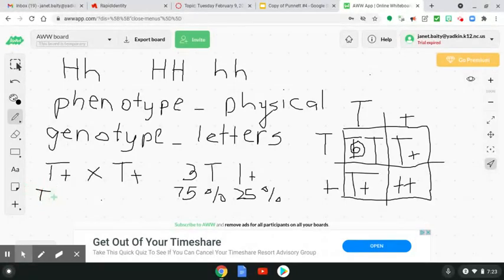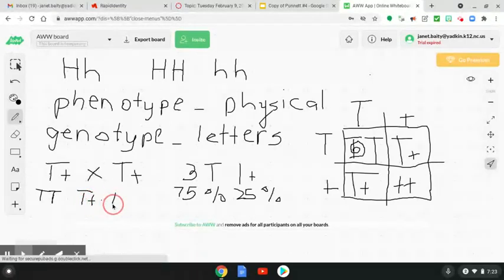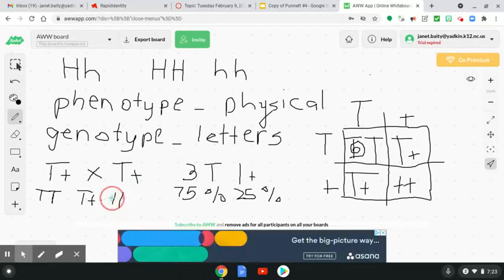We have this, we have this, and we have this, 2 smalls.